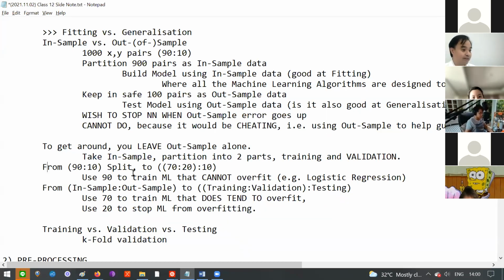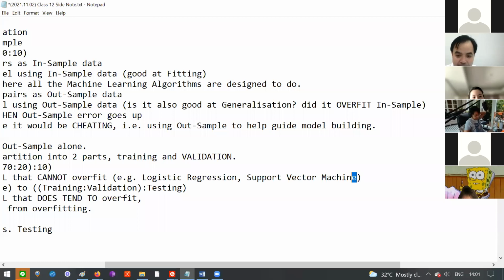So there are two cases. For a model that is simplistic, again, so logistic regression, maybe you can put support vector machine, or something like that in here.